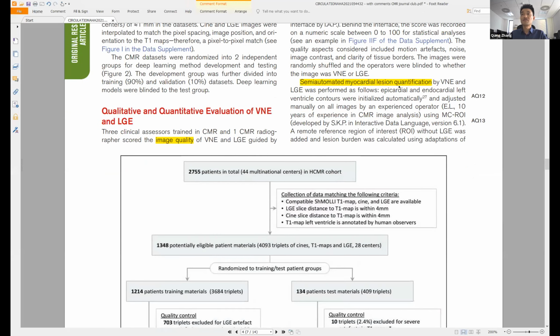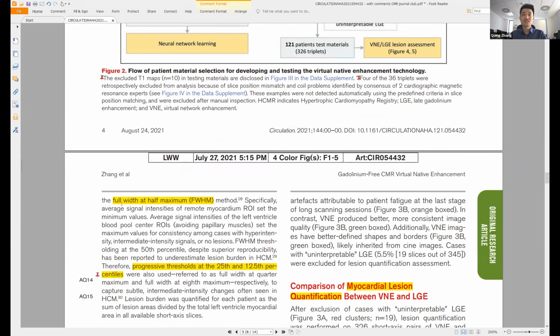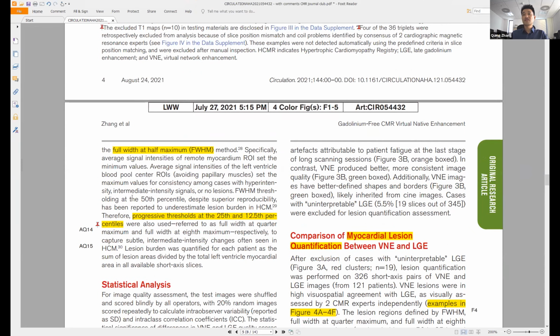And the lesion quantification is analyzed in a semi-automatic approach, and we use the standard full width at half maximum thresholding method for LGE and VNE. As we know, in an HCM patient cohort, not only do they have focal lesions in LGE, but many times we've seen intermediate lesions.